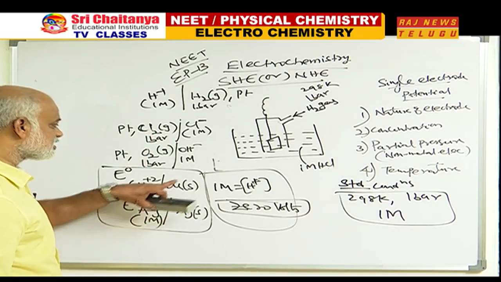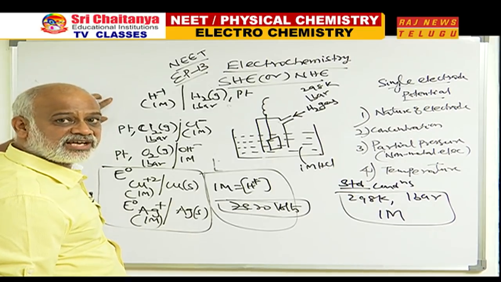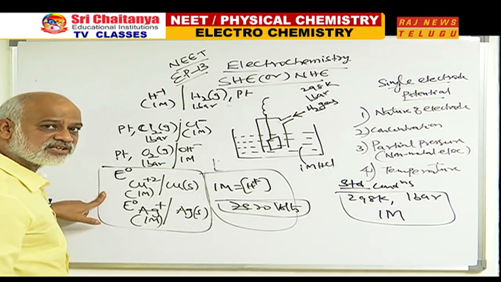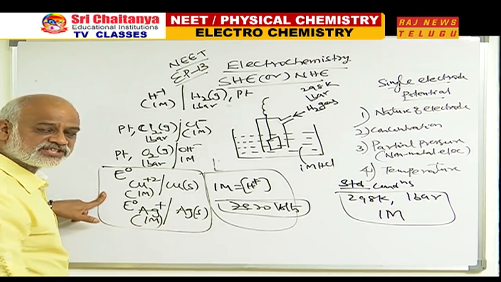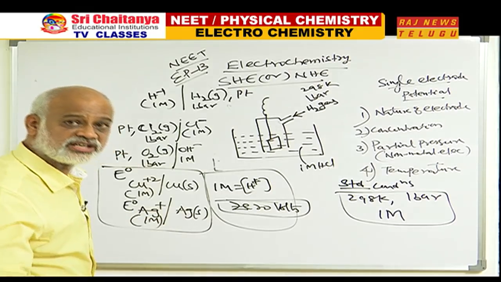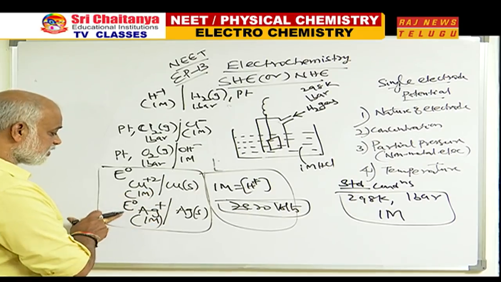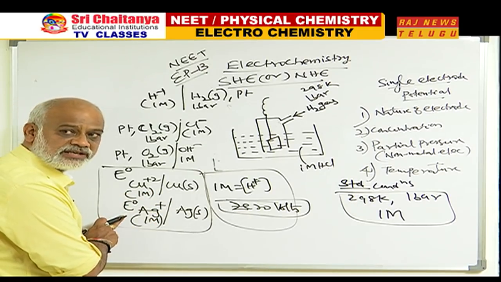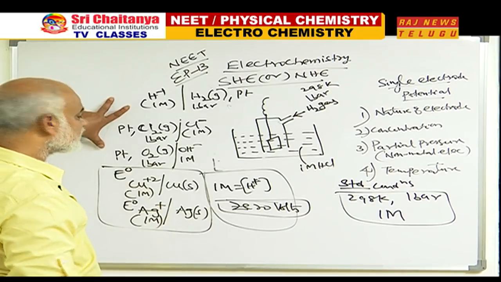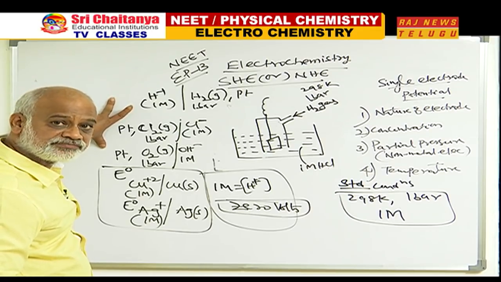What are these three called? Notations. Representation of half cells, electrode reactions. The representation is a half cell, but E naught, what I wrote, means the standard reduction potential of the copper electrode is represented like this, and of the silver electrode like this. These three are not E naught values. These three are the notations.